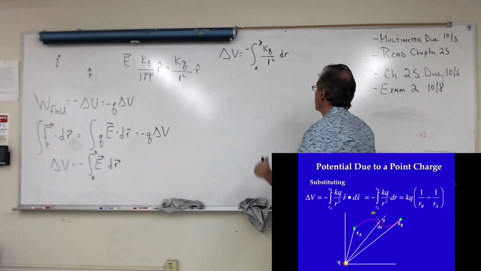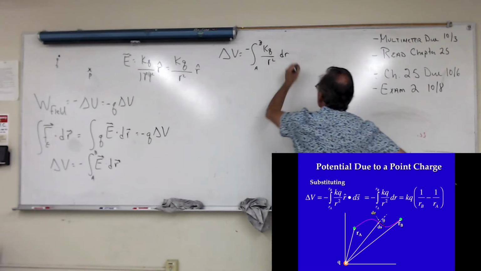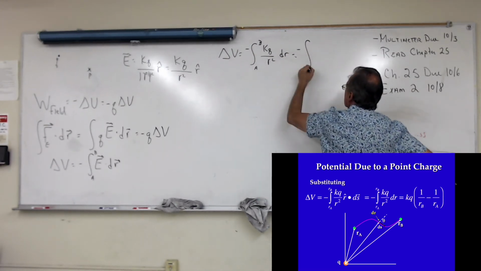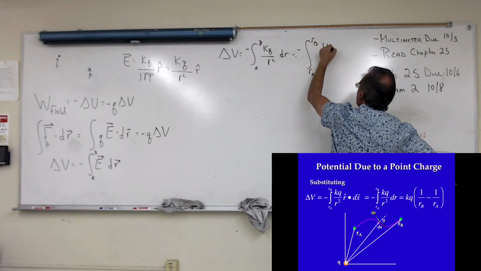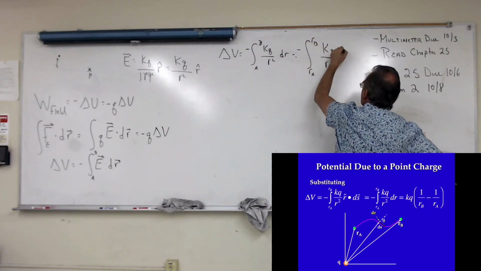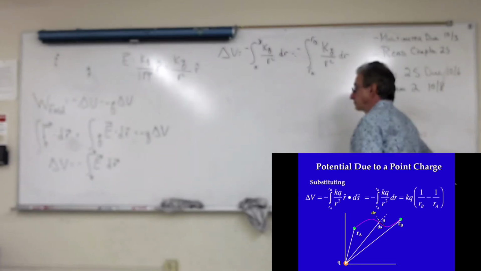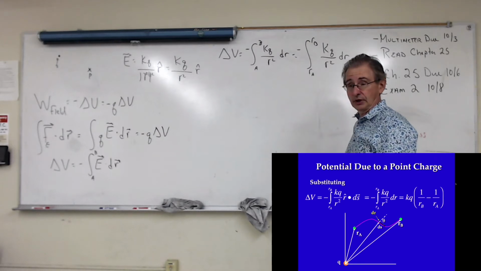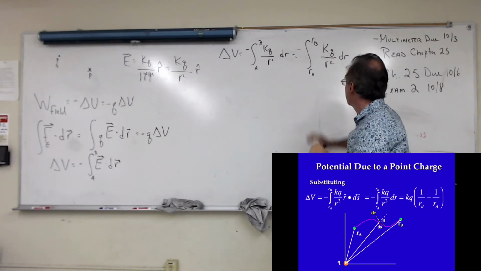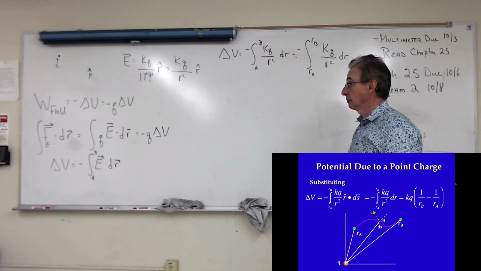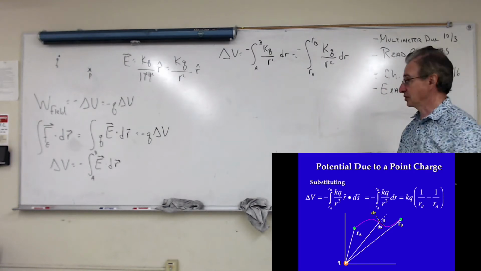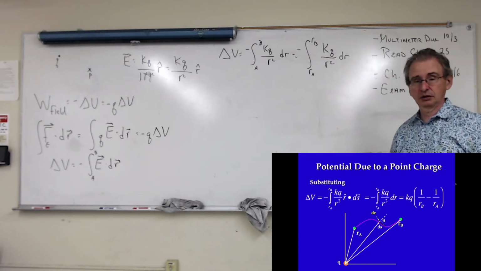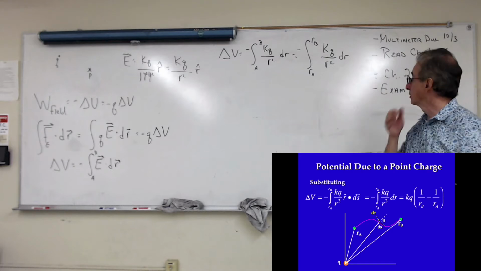And in fact, let me be more specific about my limits. Let me write it like this. Okay. Where these values are measured with respect to the location of Q. The charge Q, you can say, is the origin. Okay.